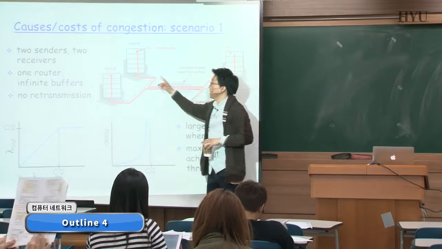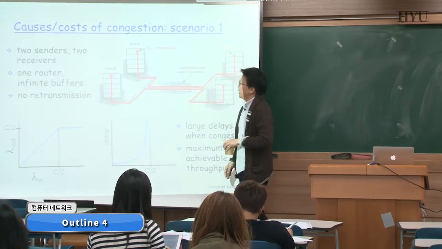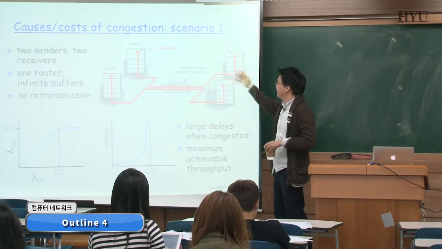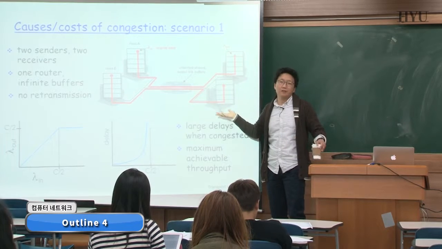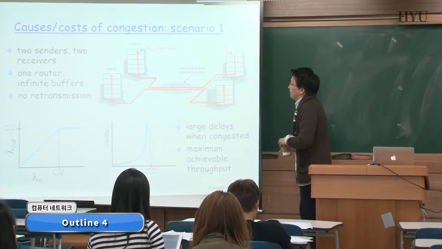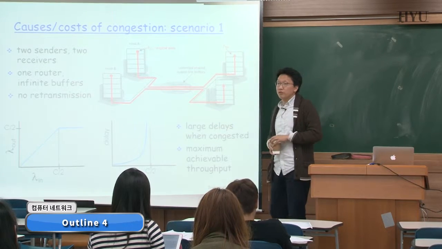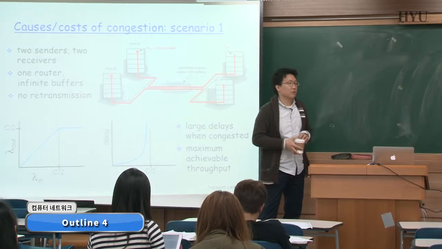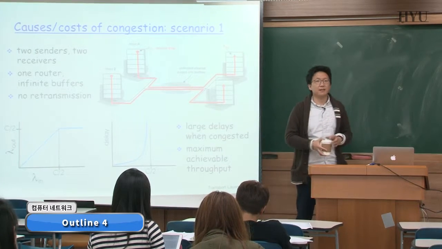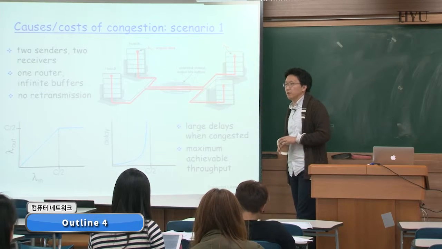Two senders, hosts A and B, your PC, whatever, your smartphones, and there are two receivers. In this case, you can think of servers, I don't care. Two different servers. There is one router with infinite buffers. So there is no restriction on the buffers, so however many I send, there is less to worry about buffer overflow.